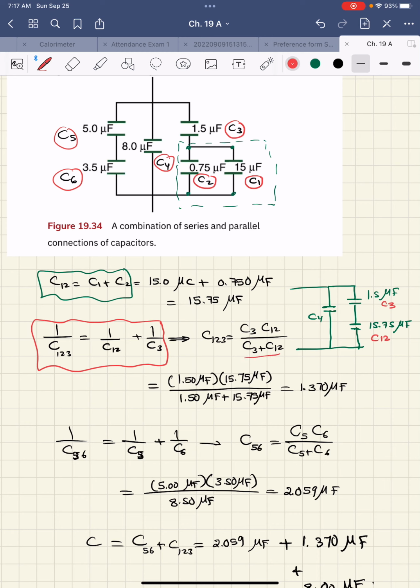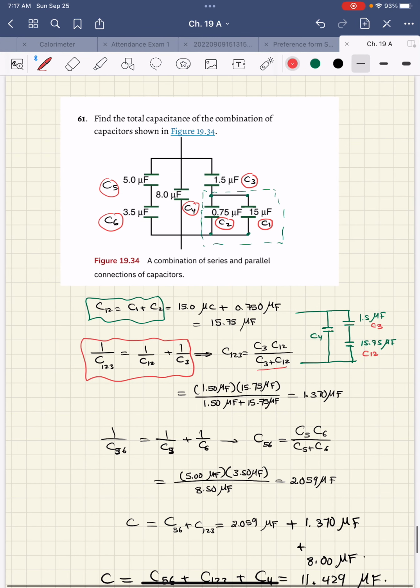And then I will be able to calculate 1.5 microfarad times 15.75 divided by 1.5 plus 15.75. And then I ended up with having 1.37 microfarad.